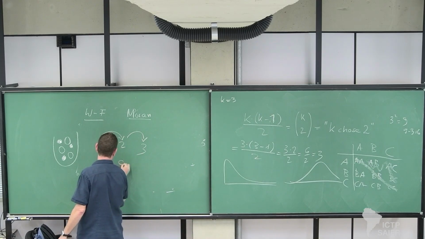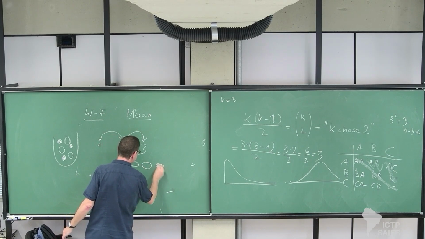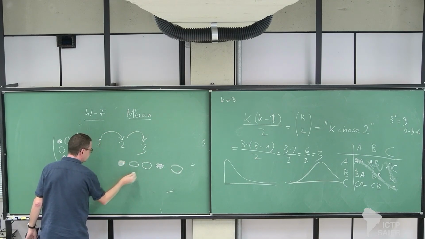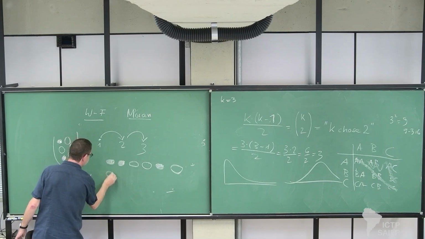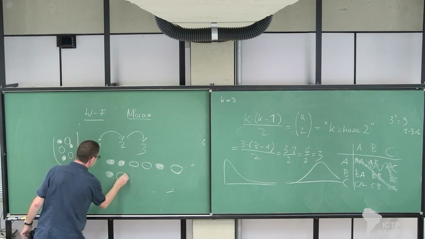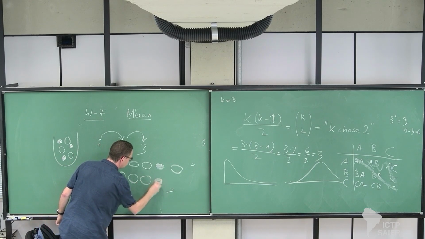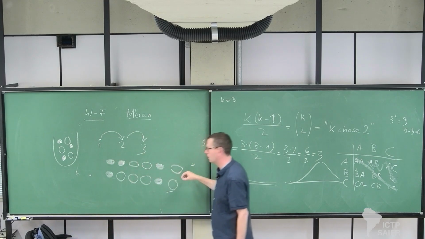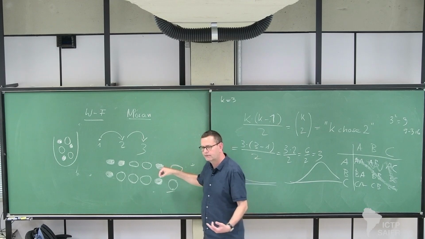So for example, I'm just going to draw this here badly, but I will try. In the Wright-Fisher model, I would have that many individual alleles for the same gene.